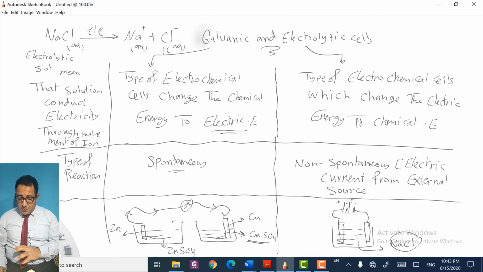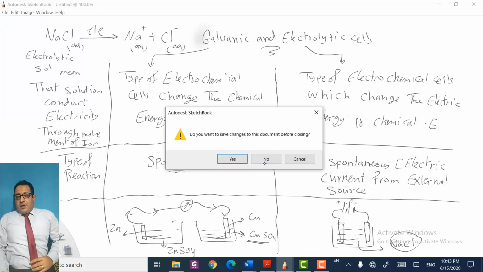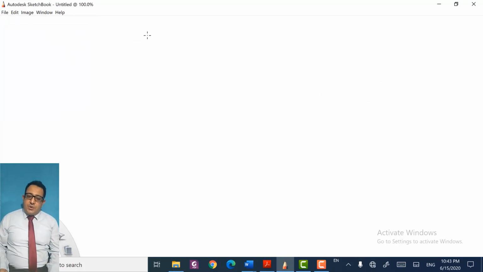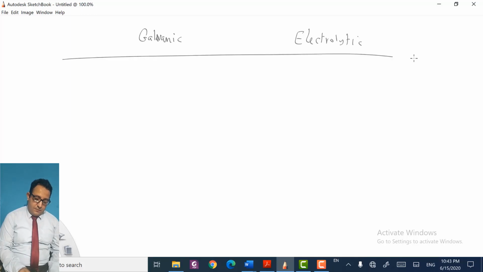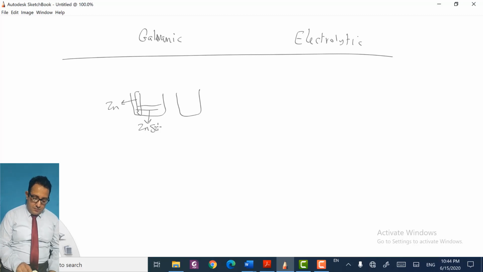Okay, let's differentiate between the galvanic and the electrolytic cell according to the anode, the cathode, and the electrolytic material. Let's draw it again.